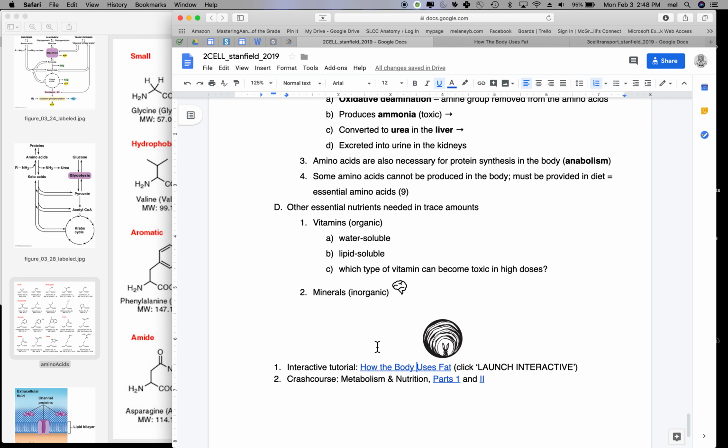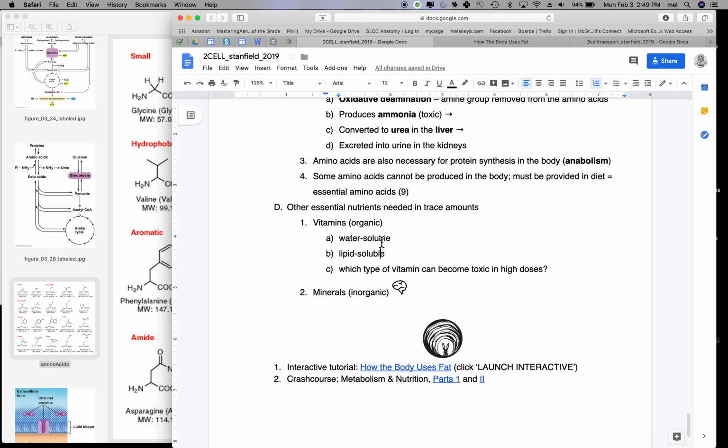The only difference between a vitamin and a mineral is really whether it's inorganic, meaning not carbon-based, not made by a living thing, or organic, carbon-based, made by a living thing. And just for your own health and edification, the 2 big categories of vitamins are water-soluble and lipid-soluble. Most vitamins are water-soluble. The lipid-soluble ones are A, D, E, and K.